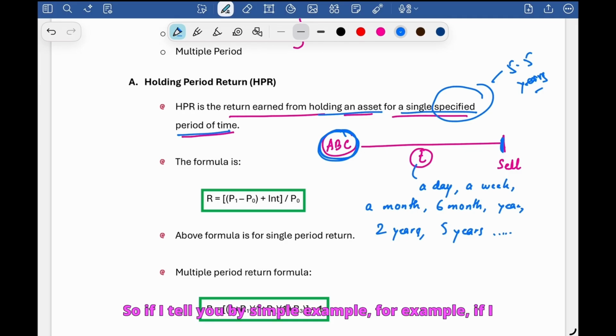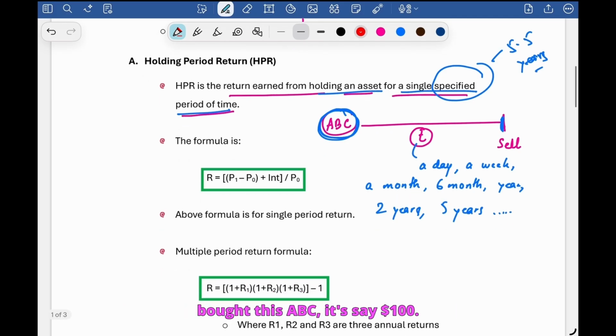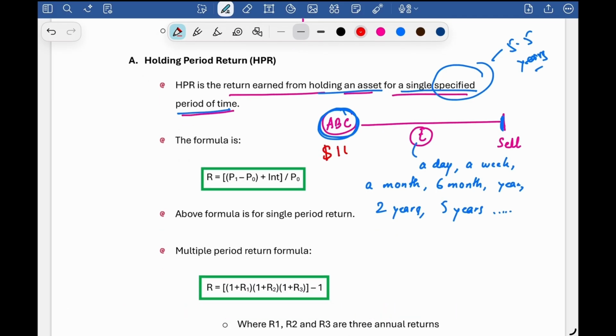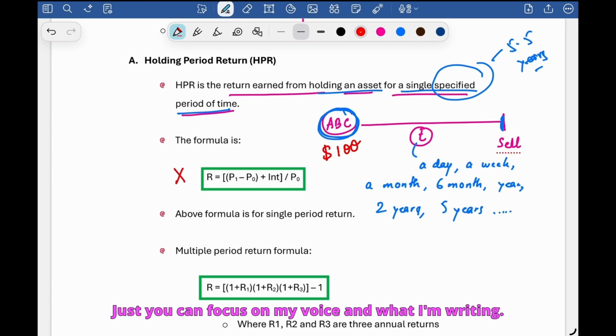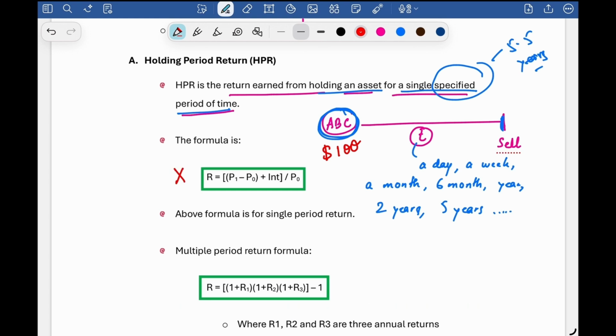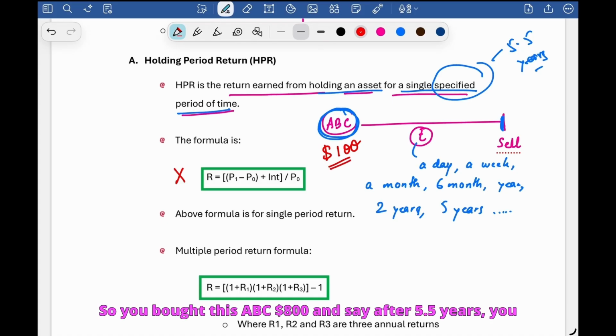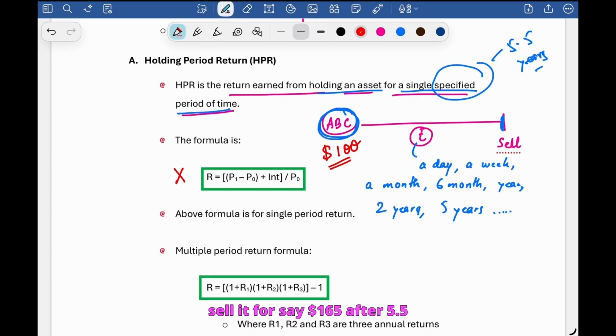For a simple example, say I bought this ABC at $100. Don't look at the formula for now, just focus on my voice and what I'm writing. You bought this ABC at $100, and say after 5.5 years, you sell it for $165. This you consider period 0, and this you consider period 1.